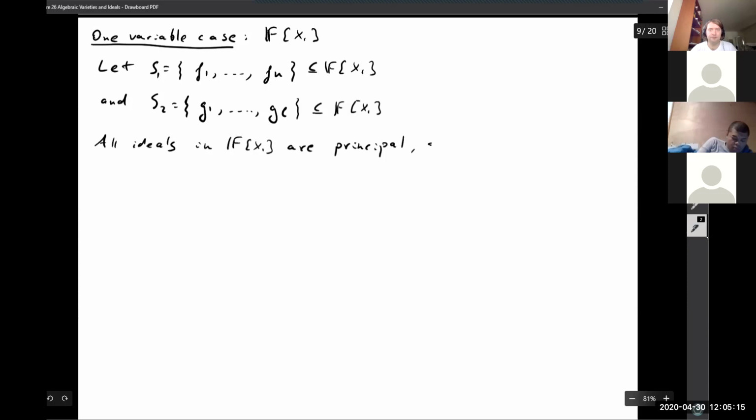So in fact, an ideal generated by S1 equals an ideal generated by F0 for some F0, which can be computed using division algorithm.